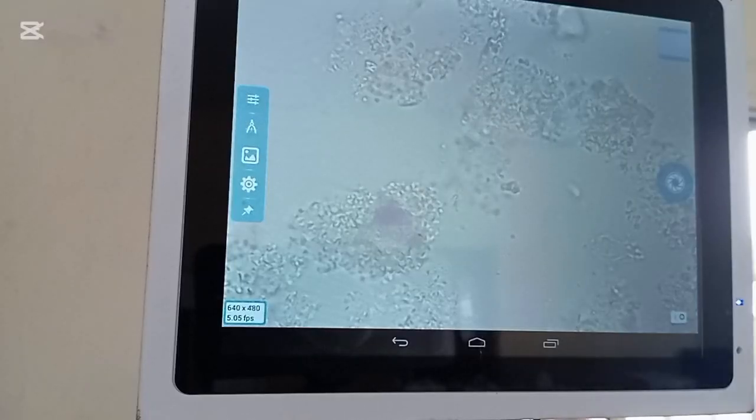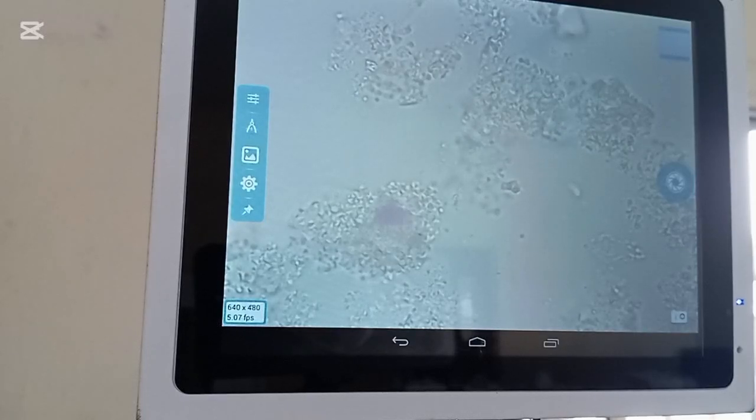So we have now focused our direct KOH mount, and as you can see under the microscope, these are clusters of arthroconidia. They are just everywhere. Like I told you earlier, arthroconidia are hyphae that are thickened and then separated from septate hyphae.